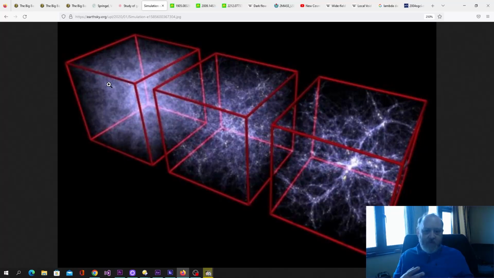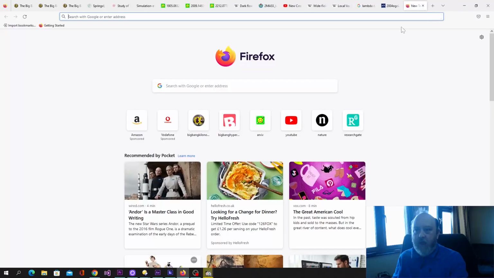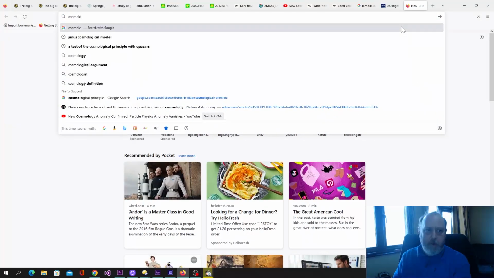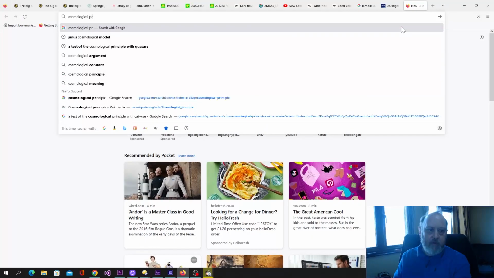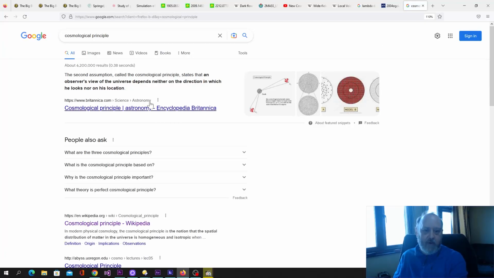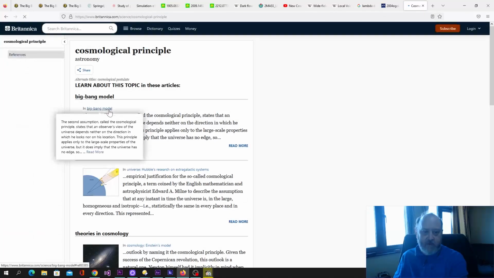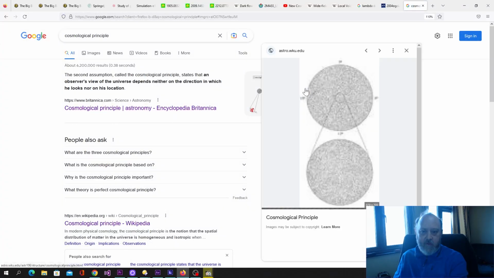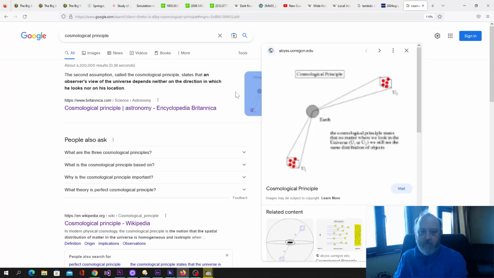There's no real regions or voids. And if we just look at the cosmological principle, the reason why the model starts in this particular state, I've got some nice graphics here showing it.